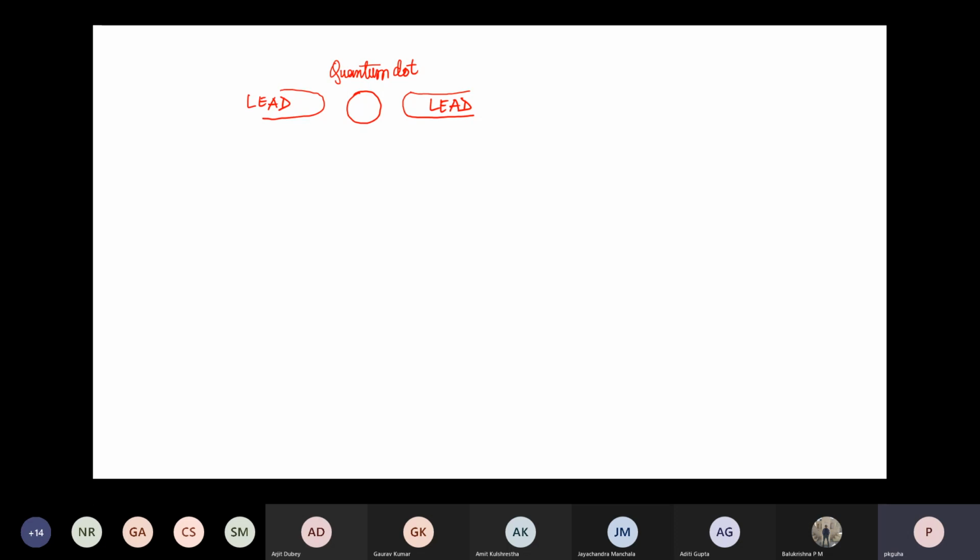Now, if that potential well is very tiny, like a dot or a particle, then this particle or dot is known as a quantum dot, where the energy is confined in all three directions, or the particle is confined from all three directions.